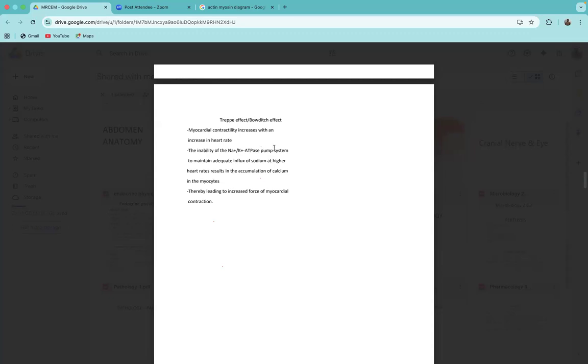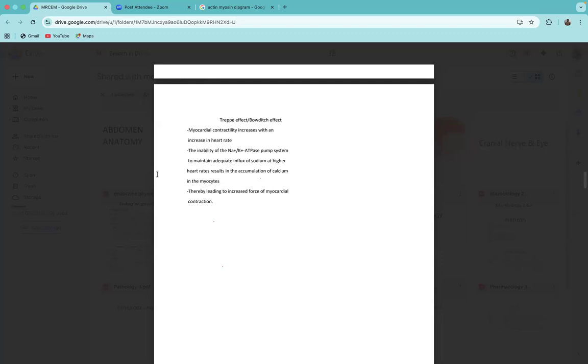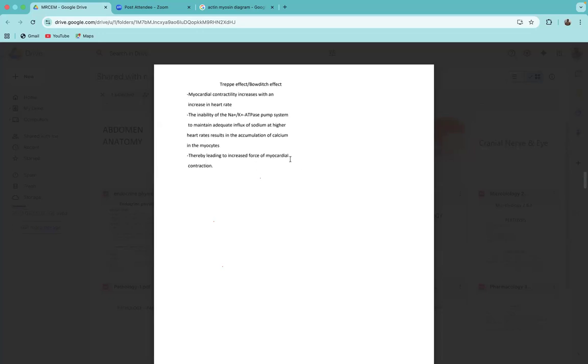As we have already seen during the cardiac potential, there is influx of calcium into the cell during the plateau potential. So all this calcium will come into the cell and get stored as the sodium potassium ATPase pump is not working properly. Due to this accumulation of calcium in the cell, there will be increased force of contraction and more myocardial contractility, and this is the Treppe effect or Bowditch effect.